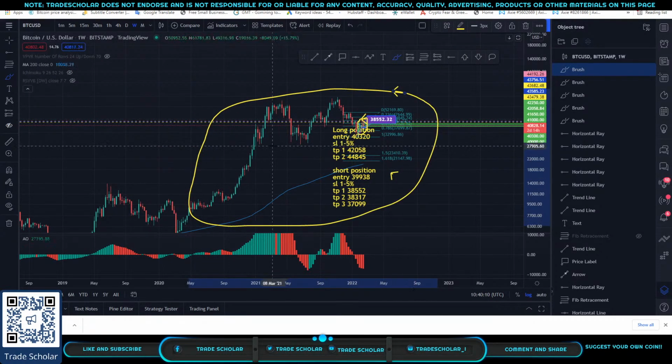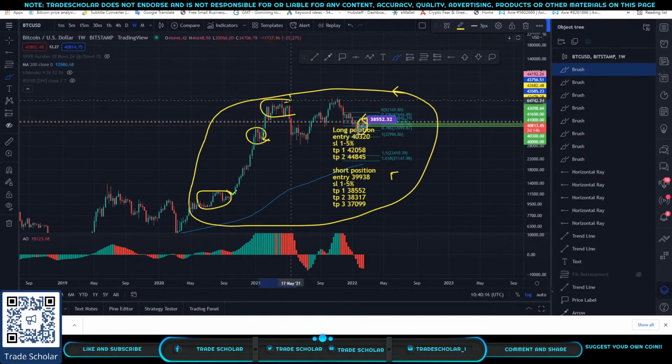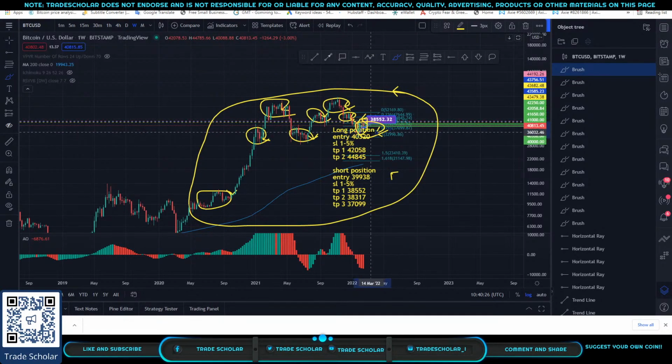This circle right here: accumulation, reaccumulation, distribution, and then accumulation, reaccumulation, distribution, redistribution, and then accumulation. Look at the 4-hour, 1-hour time frame.